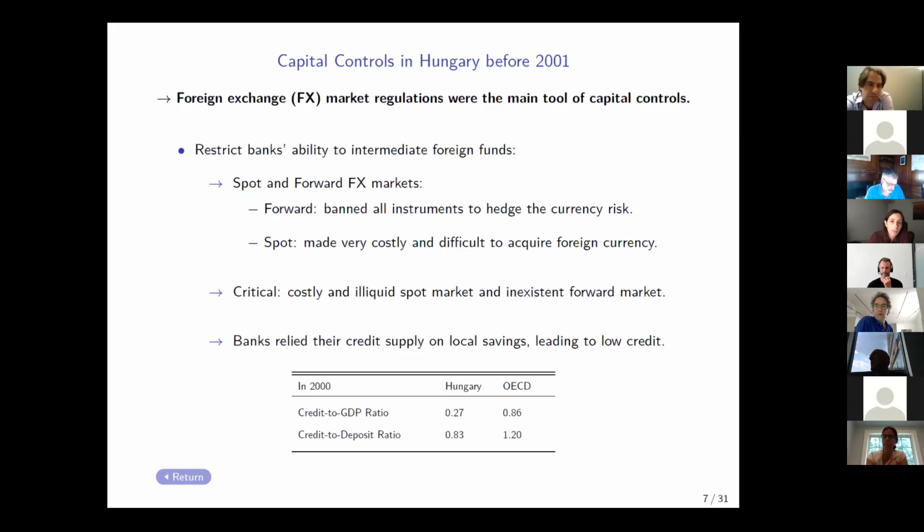This reduces banks' ability to intermediate foreign funds, so it makes it very costly for banks to bring foreign funds into the economy. This is very important for a small economy like Hungary, because most of the inflows come through the banking sector. So they shut down the foreign exchange market, and in 2001 they regulated all that.